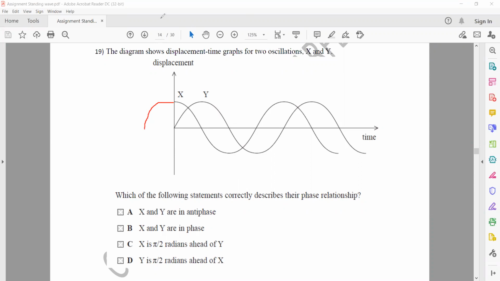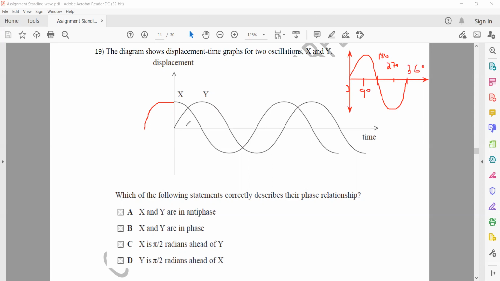It has completed a phase of 90 degrees, because when you work out the phase for the wave, this is 0, a quarter is 90, half is 180, then 270, and the last one is 360.